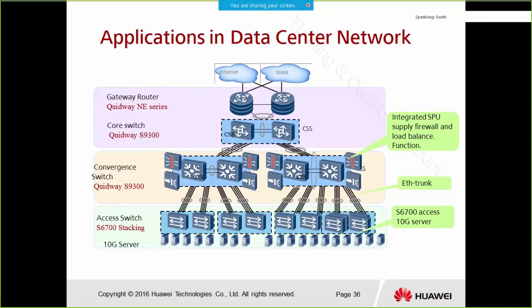And here we can deploy chassis switches and make them a CSS system, making two physical devices into one logical device. And in the core layer, we can deploy Huawei NE series routers to connect to the internet.